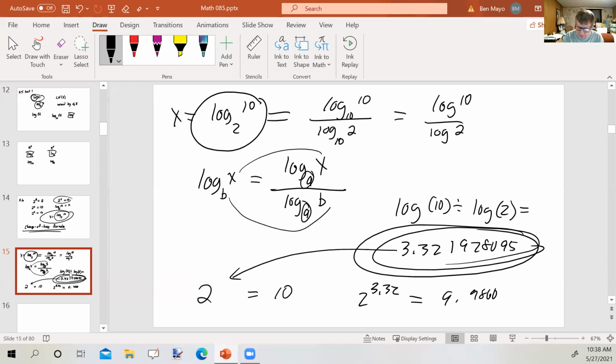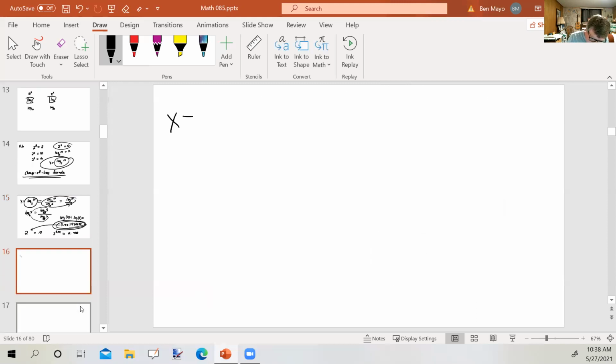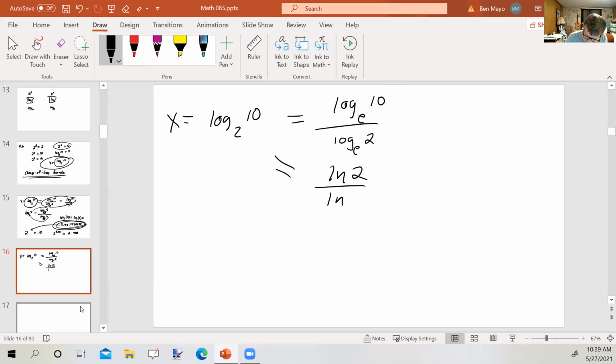Let's go back and redo this same problem, only now we're going to use log base e. So if x equals log base 2 of 10, I could rewrite that as log base e of 10 over log base e of 2.